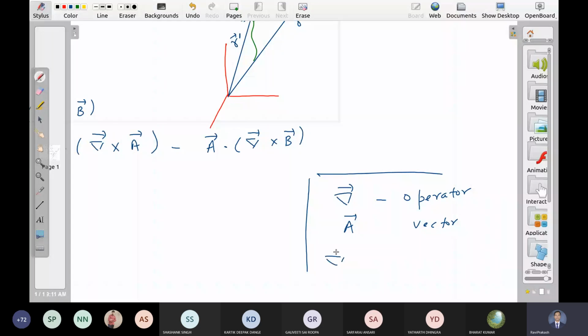Vector. What is A cross del? Anyone? What can this be? So A cross del, if you realize, that is also an operator.